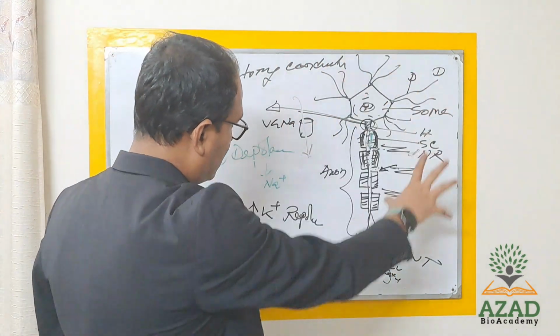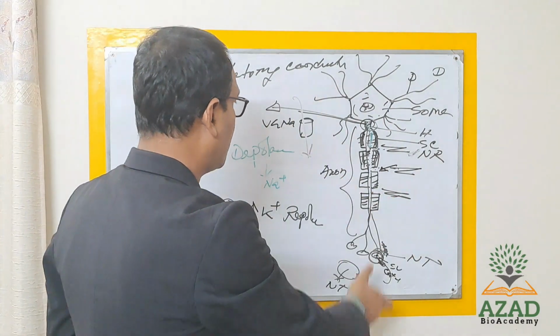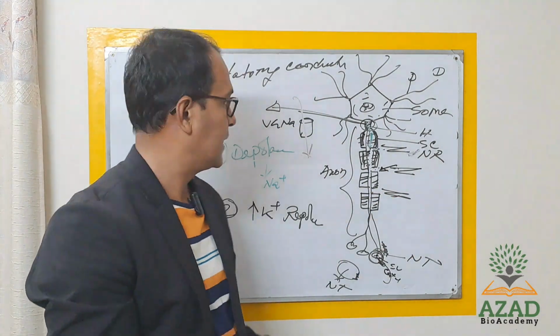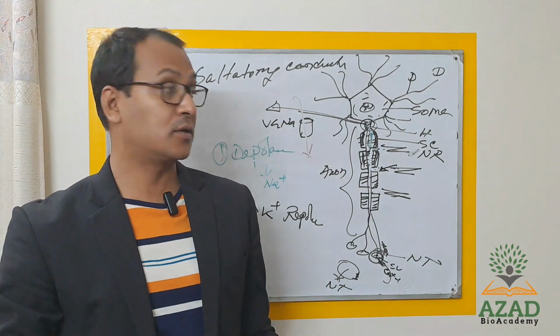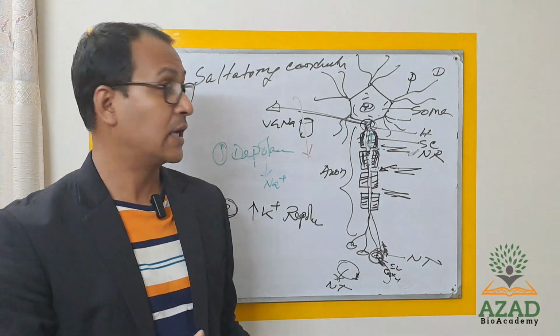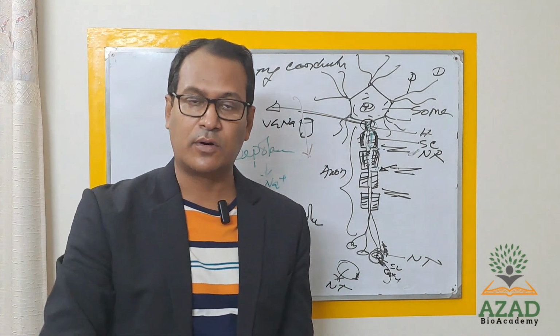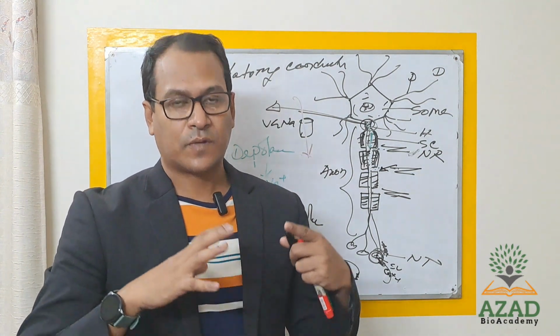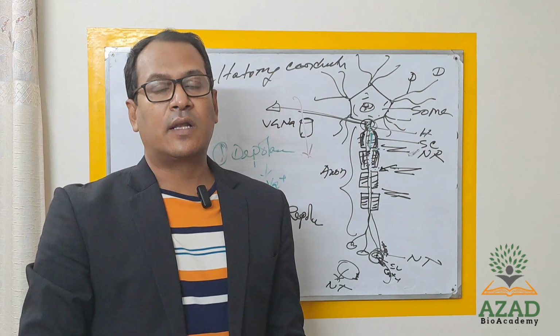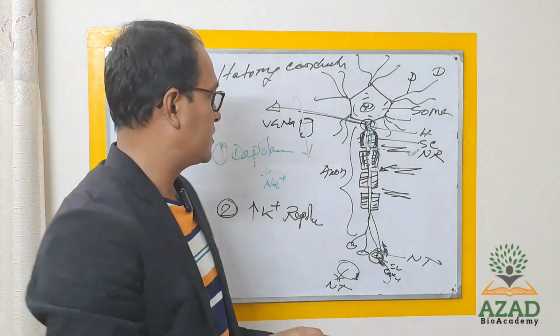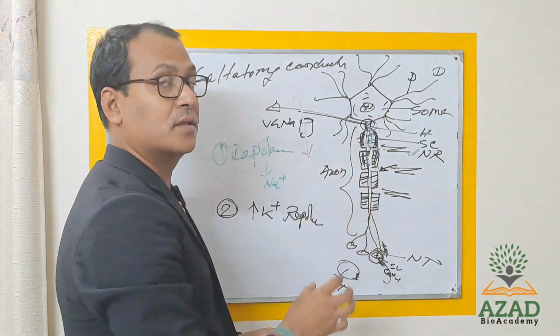This type of action potential is very common because this is the myelinated nerve. But in our body, there are some unmyelinated nerves also. That means no myelin sheath.